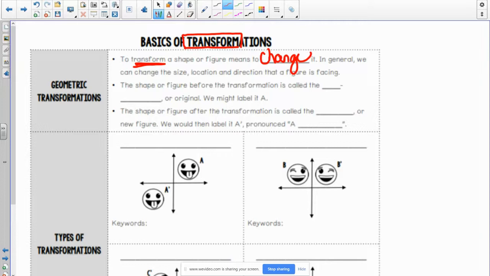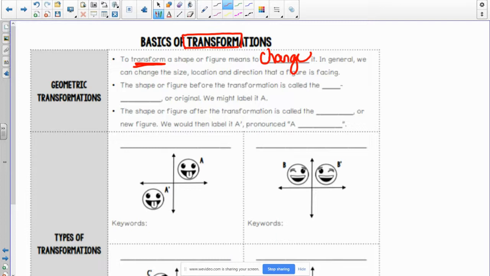In general, we can change the size, location, and direction that figure is facing. So transformation is just another word for changing. We're going to change a shape of any kind. It doesn't have to be a triangle. It could just be an image. It can be anything. And we're going to change the size, the location, and the direction that figure is facing.